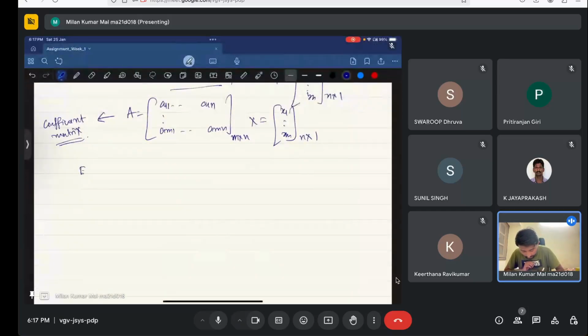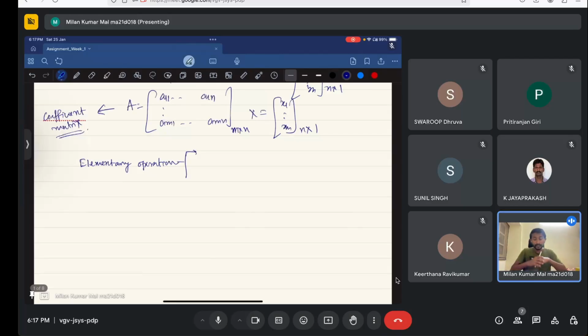What are the elementary operations? There are a total of three elementary operations. First, one can multiply an equation by a scalar; to use the exact term, multiplication of one row by a scalar.